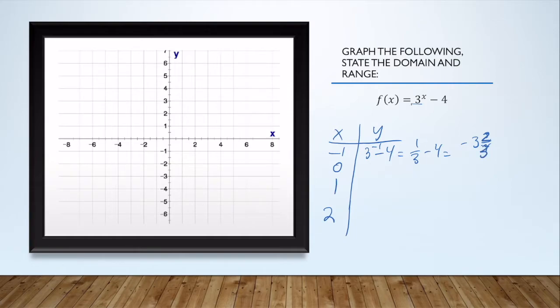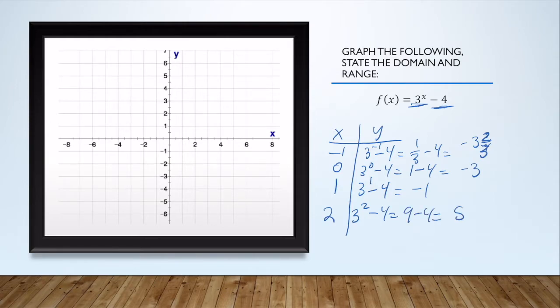This is my graph, but remember that -4 is going to shift my graph down 4. So now when x is 0, 3 to the 0 is 1, minus 4 gives me -3. When x is 1, I have 3 to the first power minus 4, which is -1. And then I have 3 squared minus 4, which is 9 minus 4, which gives us 5.